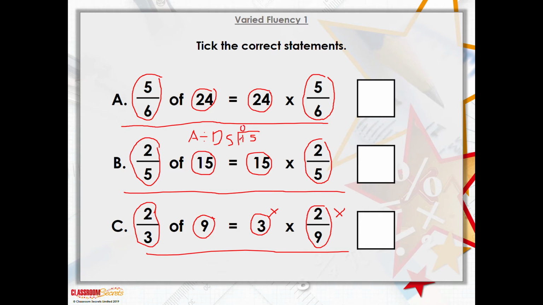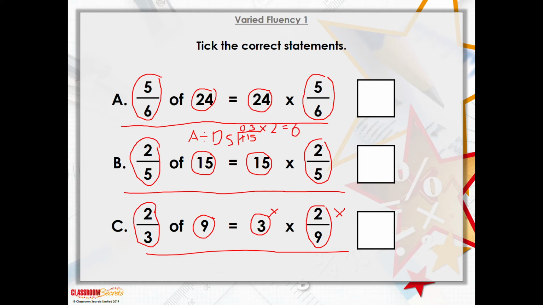I want to exchange then that 1 ten to make 15. 5s into 15 go 3. Now I want to times my 3, which is 1/5, by my numerator, which in 2/5 is 2. So 3 times by 2 equals 6. So that's 6 whole numbers.